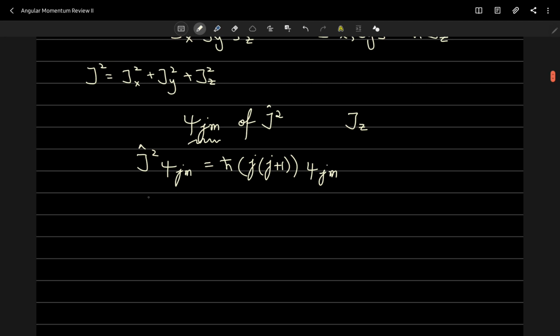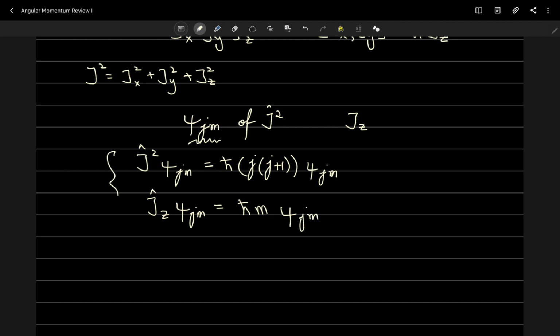And likewise, Jz on psi jm gives you h bar times the m quantum number, and gives back your psi jm.